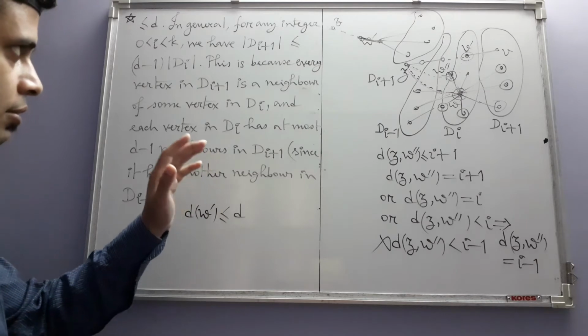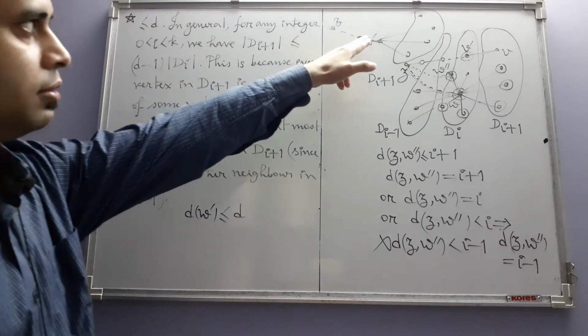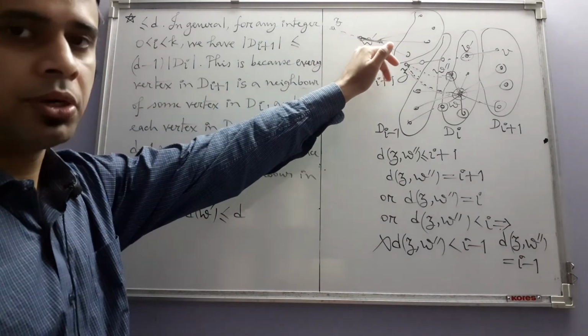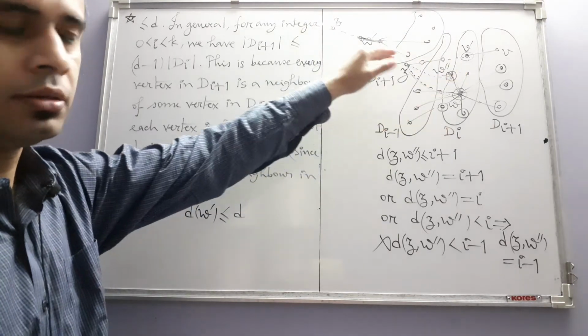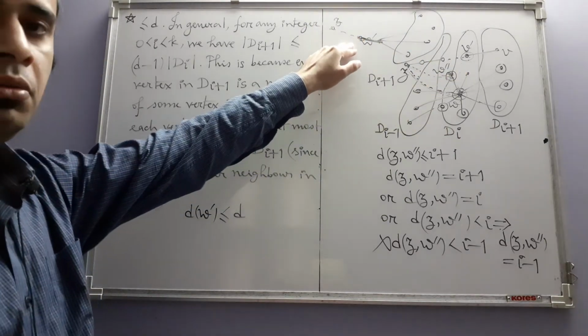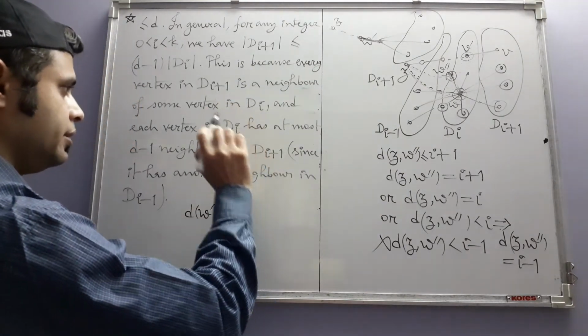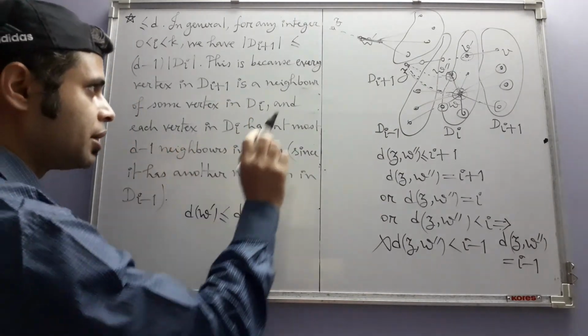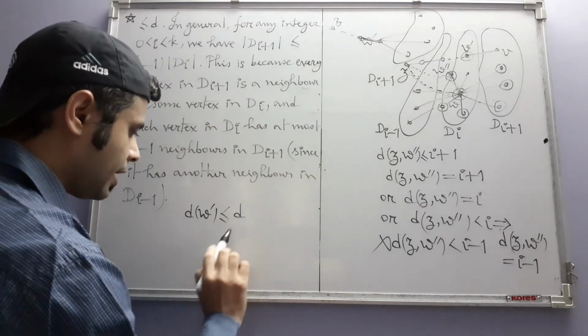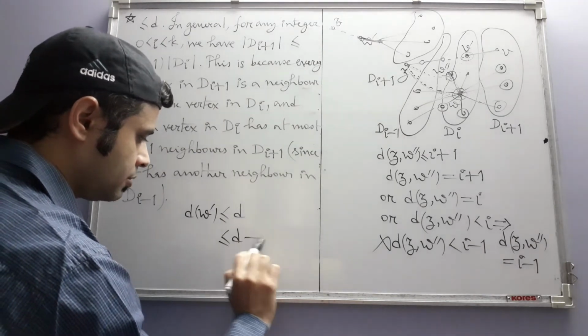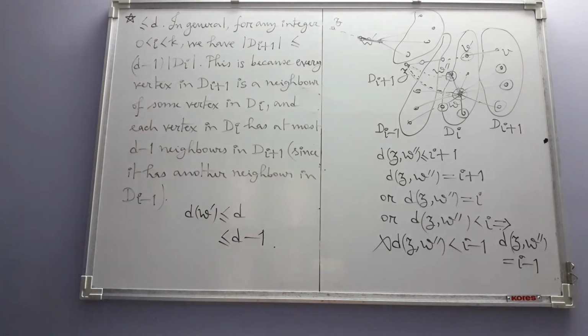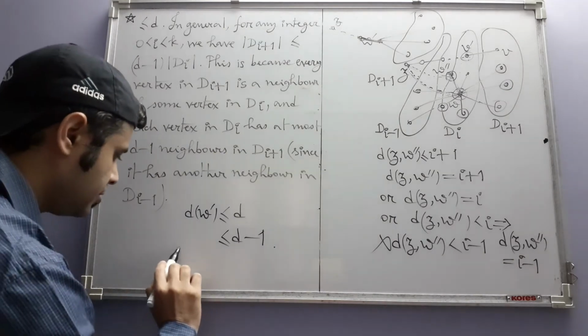So in the extreme case where all the neighbors of W prime are in Di plus 1 except one neighbor, the number of vertices in Di plus 1 that are neighbors of W prime is at most D minus 1.